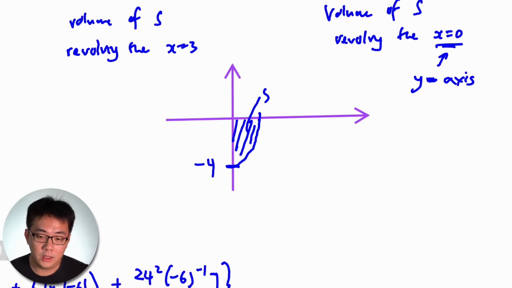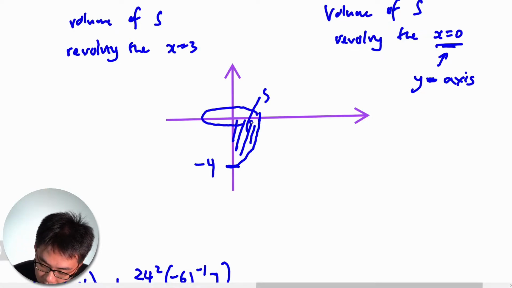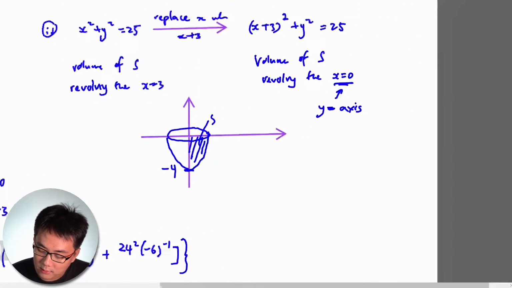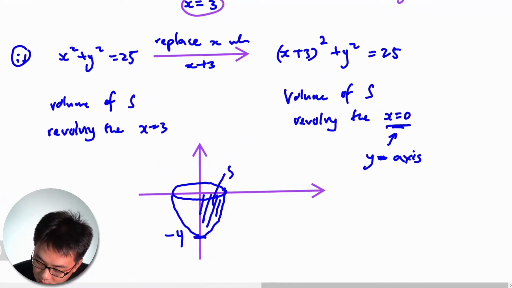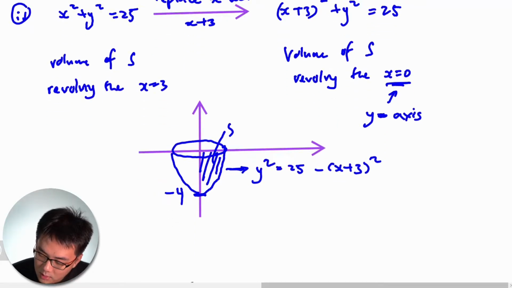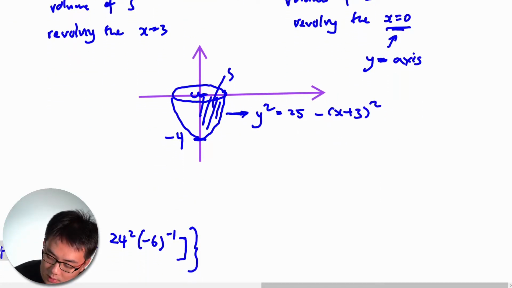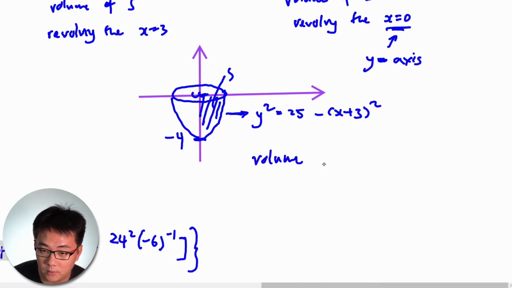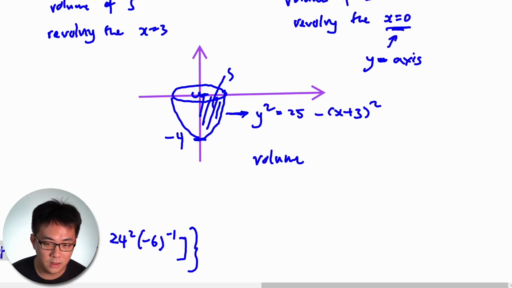So you want to revolve s, rotated 2 pi about the vertical asymptote. You will just have to use the new equation, (x plus 3) squared plus y squared equals 25. So from 0, the required volume, you're not asked to find the exact one.